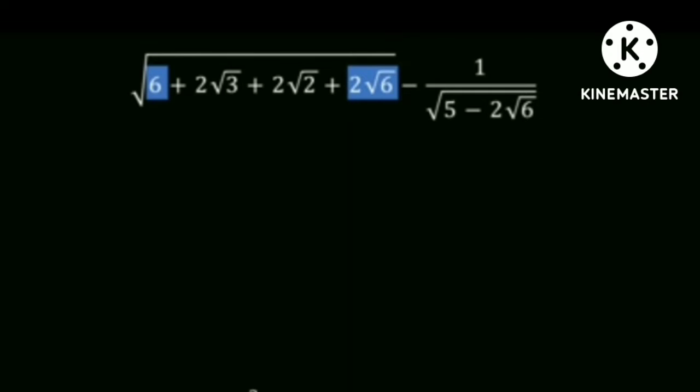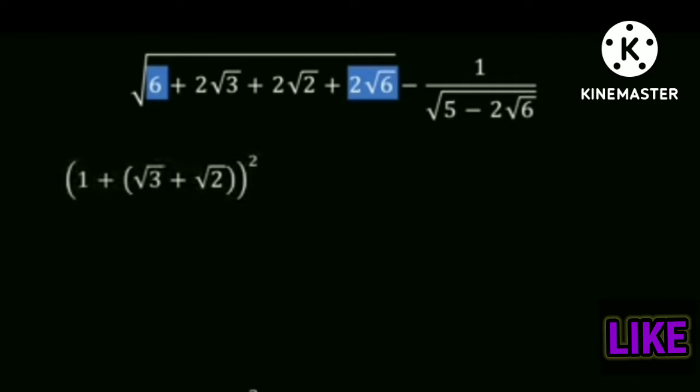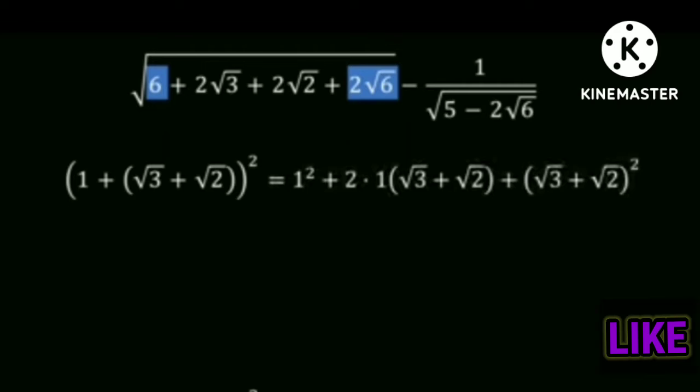So we'll guess that we'll take the square of 1 more than root 3 plus root 2. So let's square 1 plus root 3 plus root 2. We can solve this as a binomial where one term is 1 and the other term is root 3 plus root 2. We'll expand the binomial.